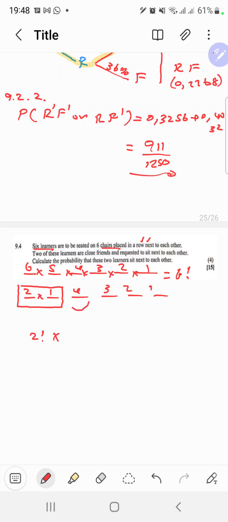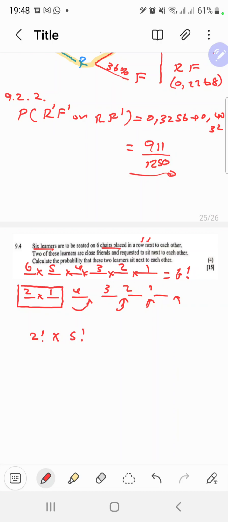Remember, these learners can be here, they can be there. So how many possible ways? It's 1, 2, 3, 4, 5. So there's 5 factorial ways in which these learners could be placed.